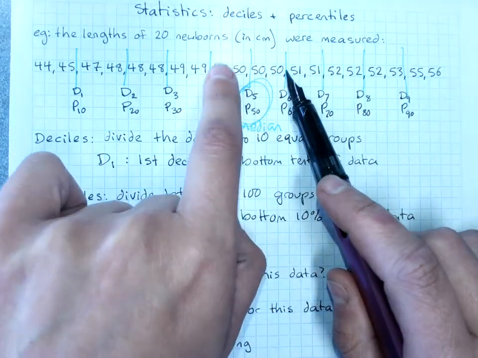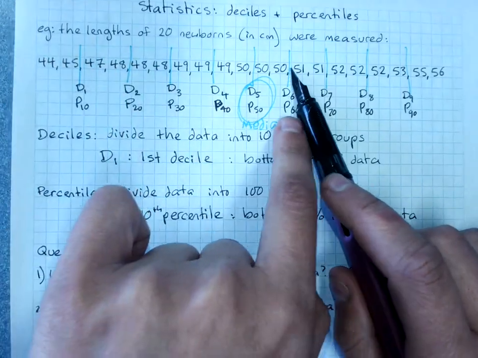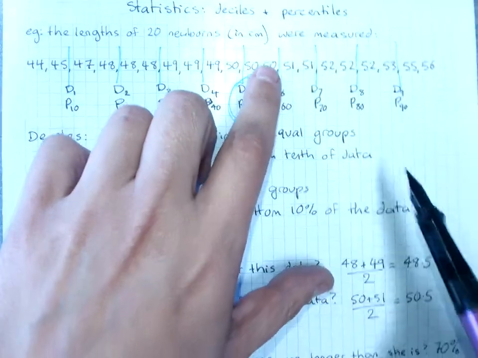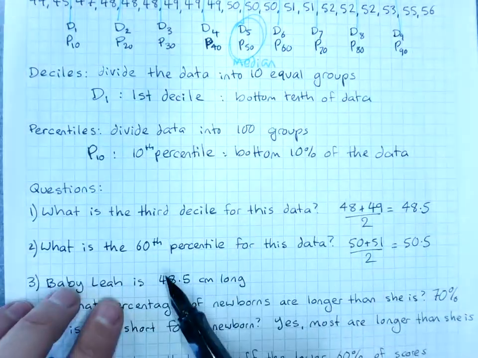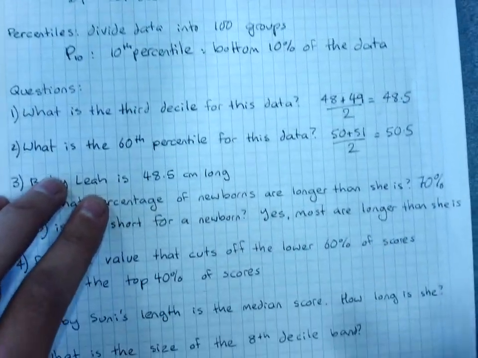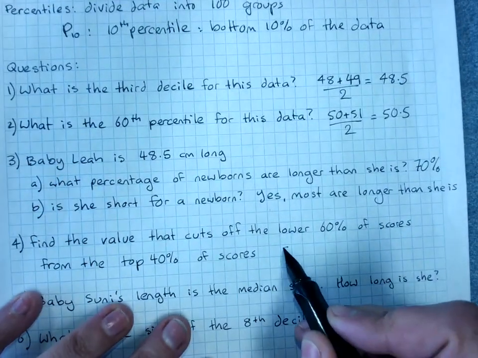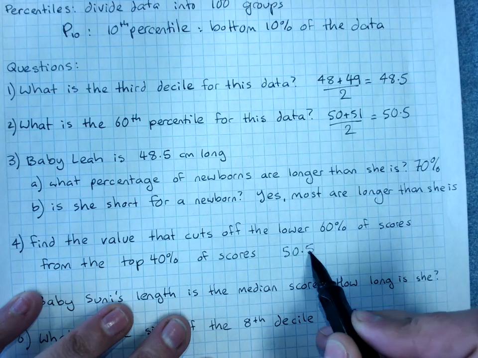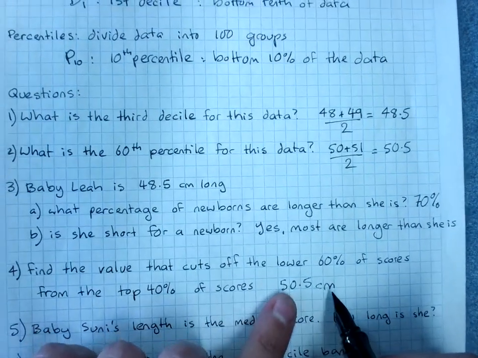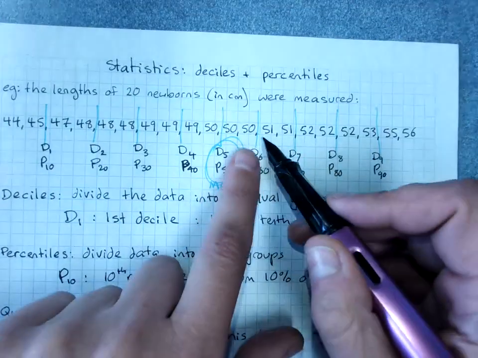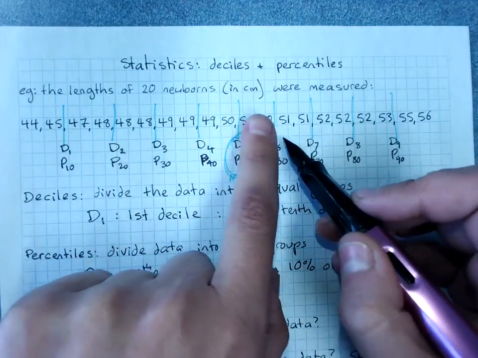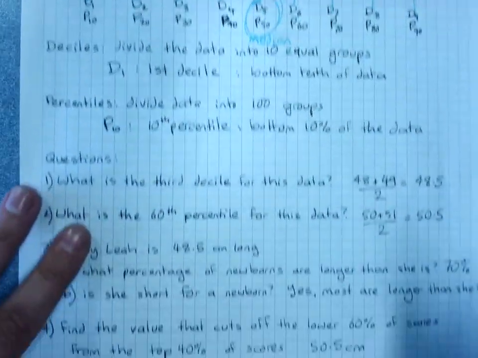Whereas here I've got 1, 2, 3, 4, 5, 6 as shown by this. And that's the 60th percentile, which we just found, of 50.5. So a child of 50.5 centimetres long is the split between the bottom 60% and the top 40% of newborns.